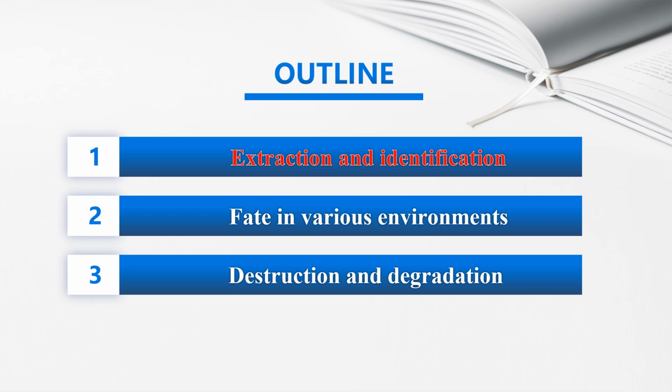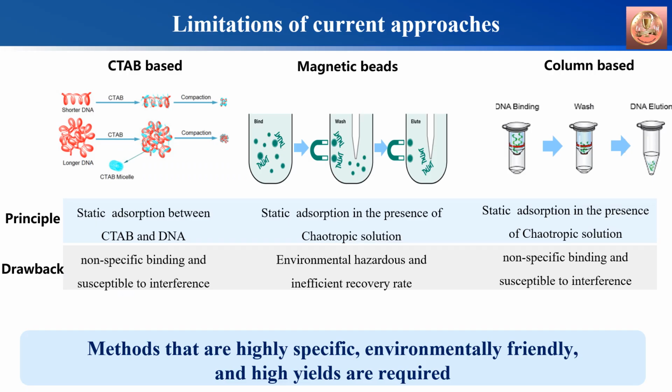I focus on three subjects on ERGs. First is the extraction and identification. There have been a few methods for eDNA extraction, like the CTAB-based method, magnet-based, or column-based methods. These are commercial products that are available, but they are not perfect.